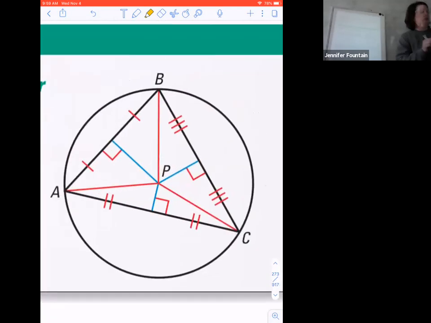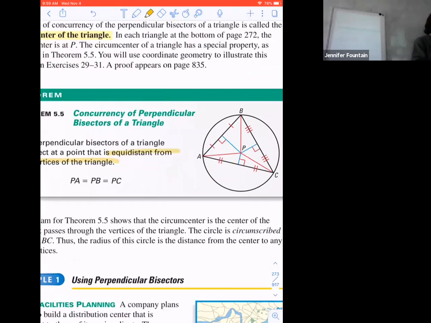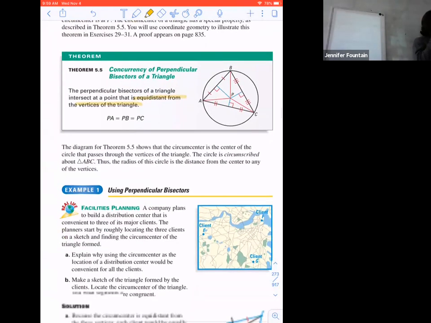Notice we're talking about from P to B, from P to A, and from P to C. So PA is equal to PB is equal to PC.